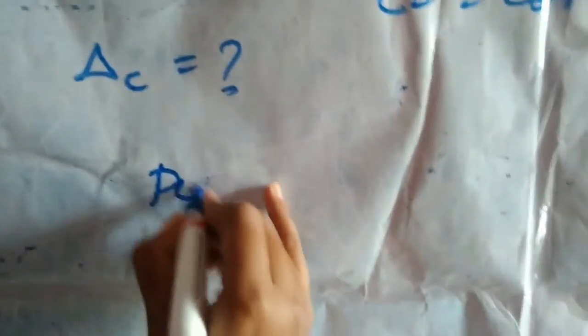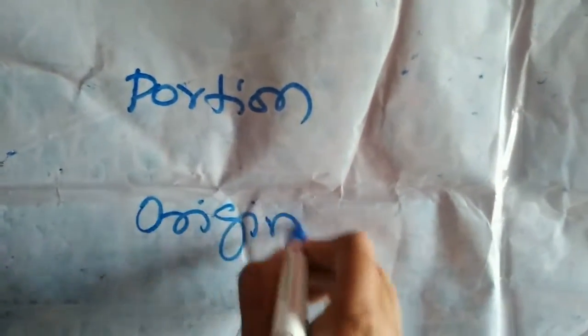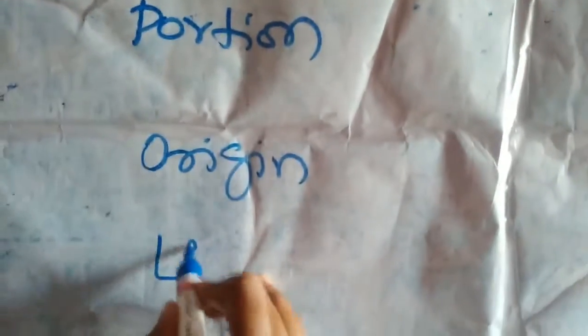So in the table we need the portion, nothing but which part of the beam we are considering, the origin, which point is the starting point of that particular member, and the limits for that portion. And then you go with the Mx values as the moment with respect to x.